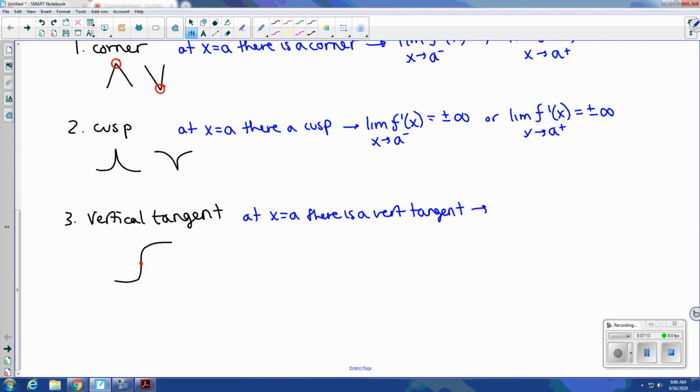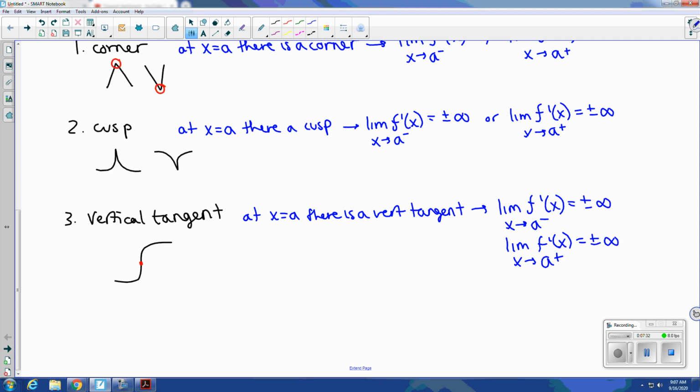If we've identified that, then our reasoning is going to be the limit of f prime of x as x approaches a from the left is equal to plus or minus infinity, or the limit of f prime of x as x approaches a from the right equals plus or minus infinity.